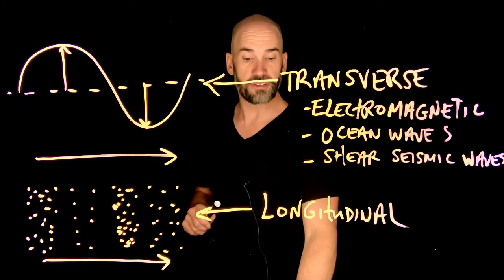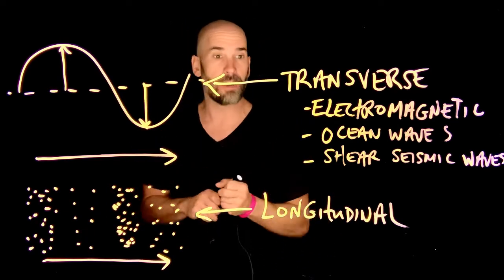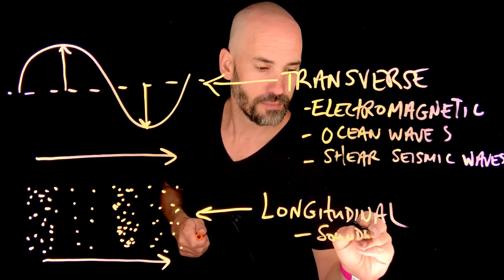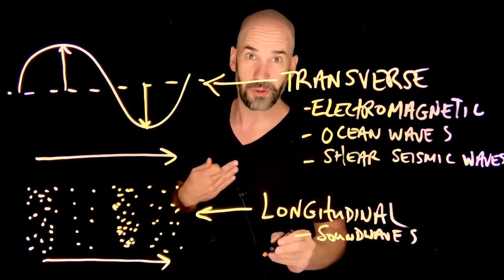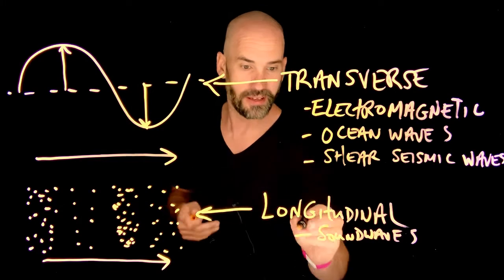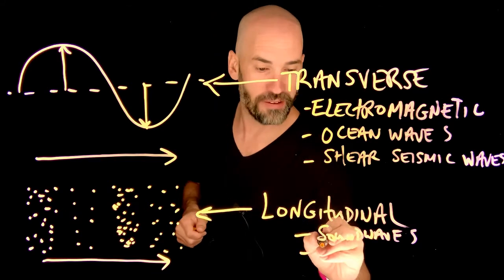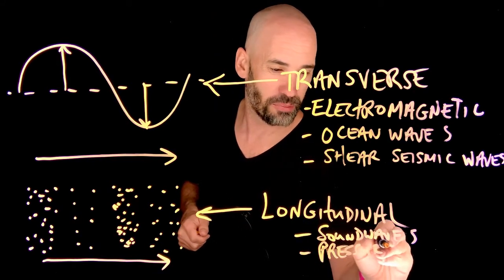How about longitudinal waves? Where do you see those? Well, let's go to that slide. Longitudinal waves most commonly show up as sound waves. I'm almost out of breath here from all the interpretive wave dance. So you have sound waves. You also have basically any kind of pressure waves. Technically, sound waves are pressure waves.